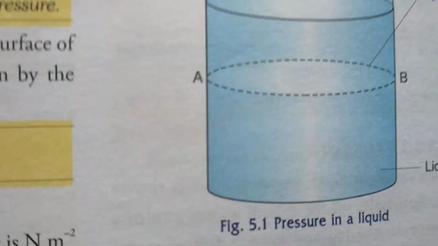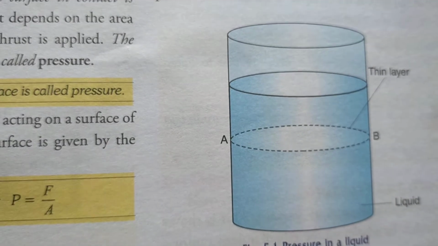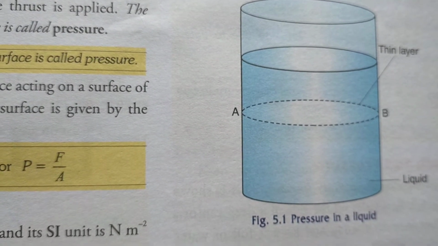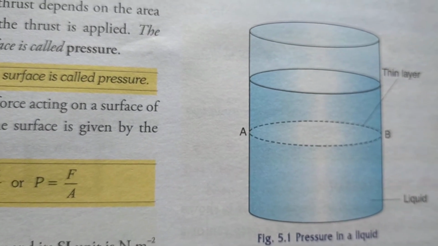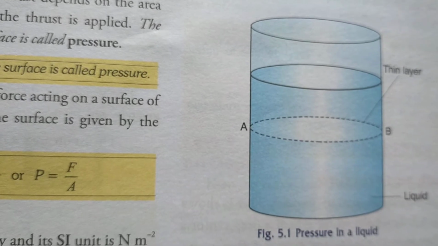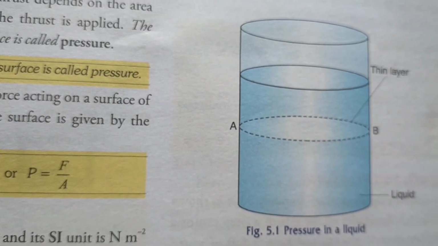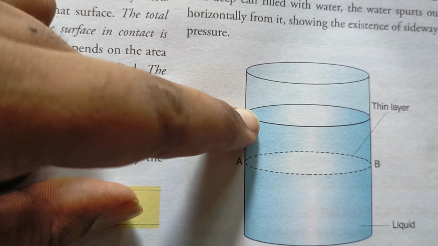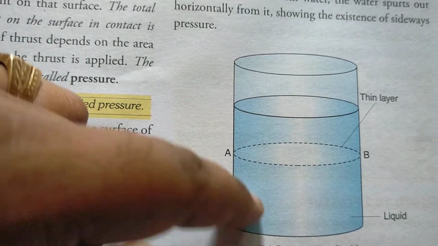So on your screen you can see one diagram, that is pressure in liquid. You see there is a vessel containing some liquid, and in that liquid I have considered one layer, that is AB. This AB layer is still, okay, when you are not moving the vessel. This indicates that the pressure exerted by the upper layer on that layer is equal to the pressure exerted by the lower levels.